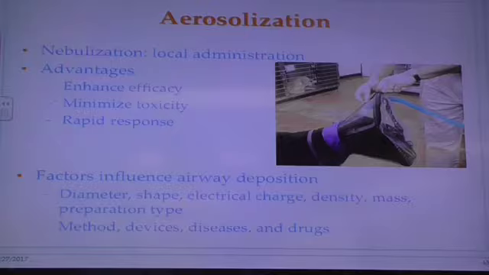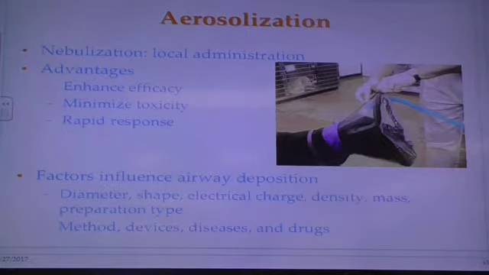Also, the factors that influence the airway depend on what type of nebulizer you use, because the nebulizer determines the diameter of the droplet, and that droplet tells you which part of the respiratory tract the drug can go to.